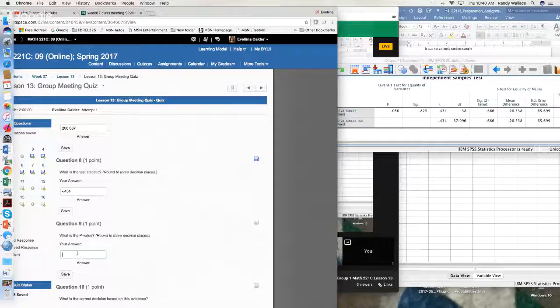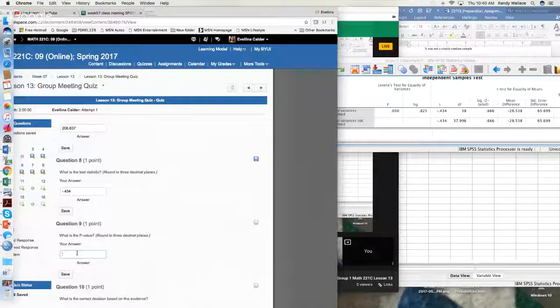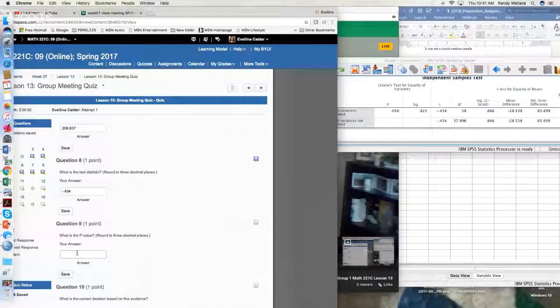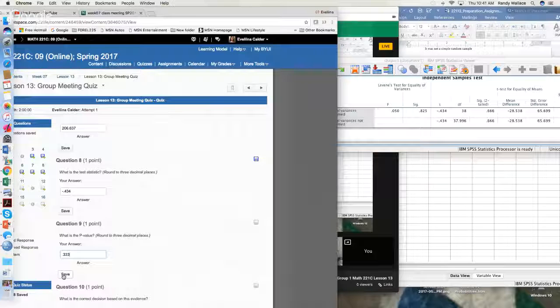Then we have to divide by 2 because we're doing less than or greater than whatever it was, right? Mm-hmm. Yeah. Is less than the mean bill of the expert office. All right, so it's 0.33, times 2, it's 0.666.